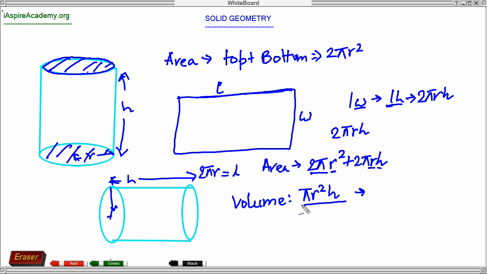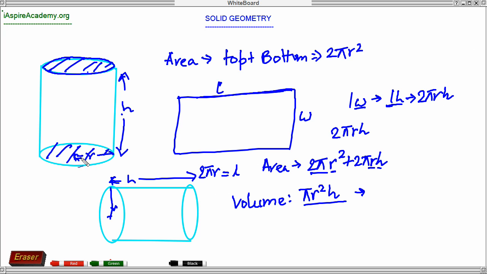So let's come back to the volume again: pi r square h. One trick to remember this: think of a cylinder as if you take music CDs and stack them up. Each of the CDs has radius r, so the area of each CD is pi r square. Think as if you stack a whole bunch of CDs to fill the cylinder, say you have h number of CDs.